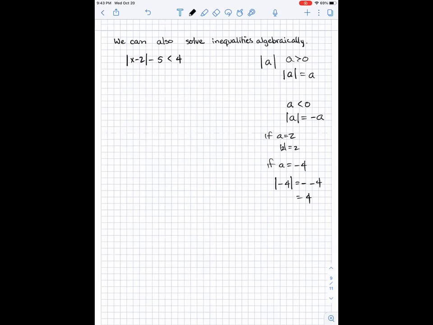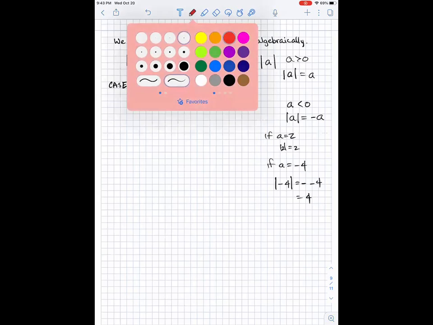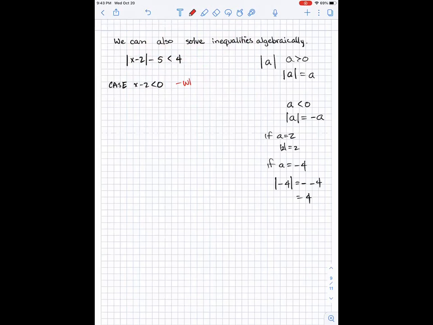So in graphing the inequality, the absolute value of x minus 2, minus 5 is less than 4, I'm going to look at two cases. The first case is the case in which x minus 2 is negative. So what's inside the absolute value is negative.